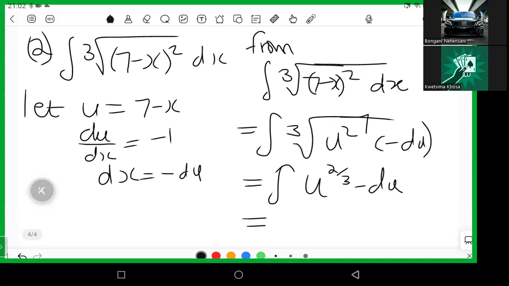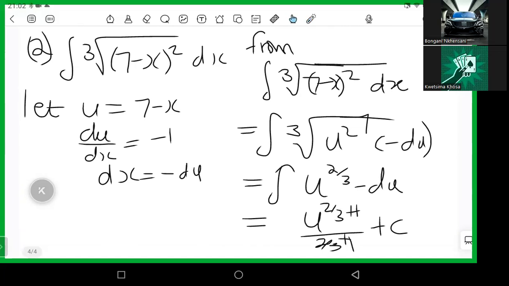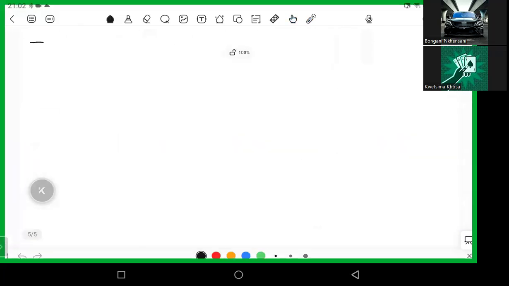Then if you integrate this one, you will get u to exponent 2 over 3 plus 1, over 2 over 3 plus 1, plus c. And we know that 2 over 3 plus 1 is equal to 5 over 3.